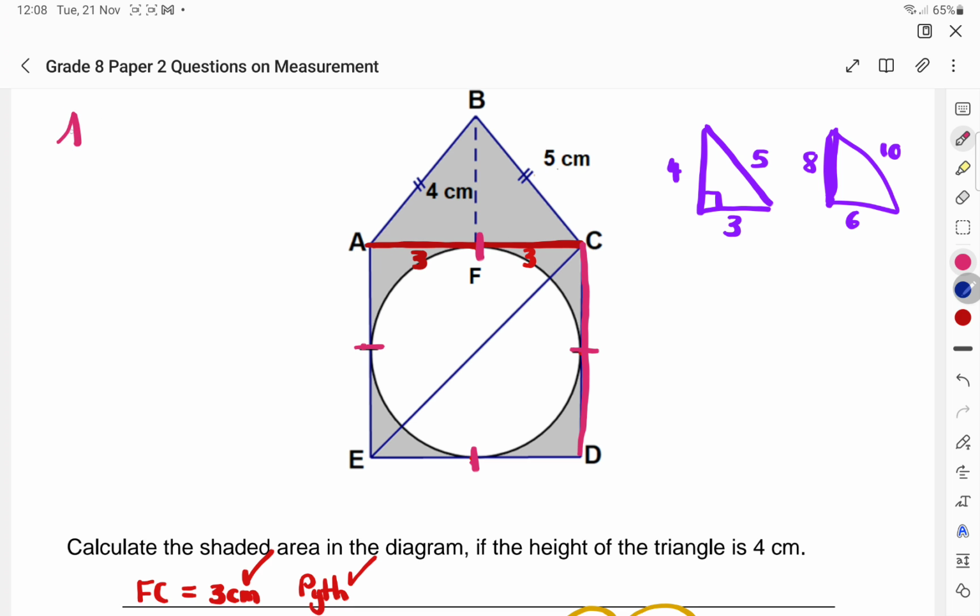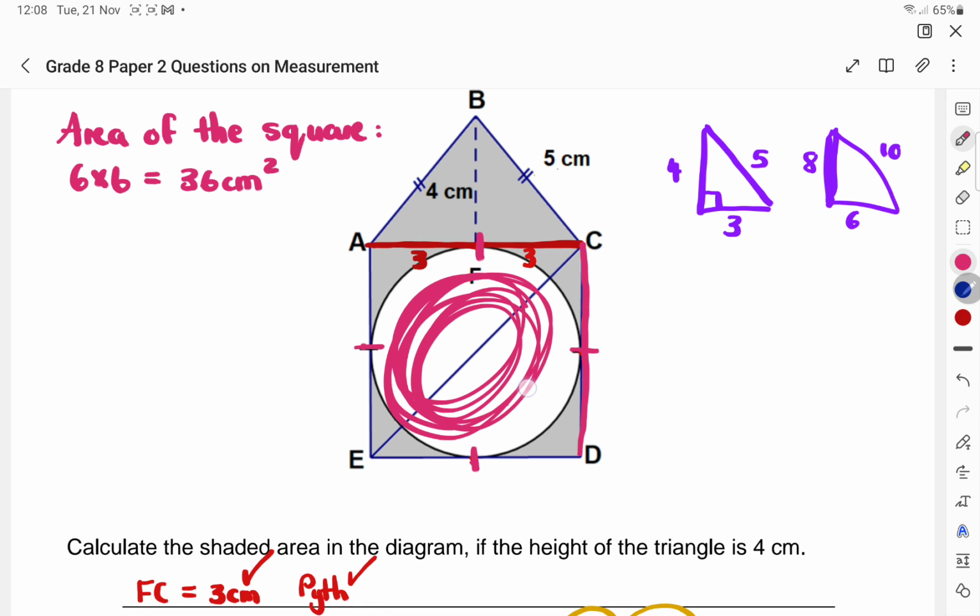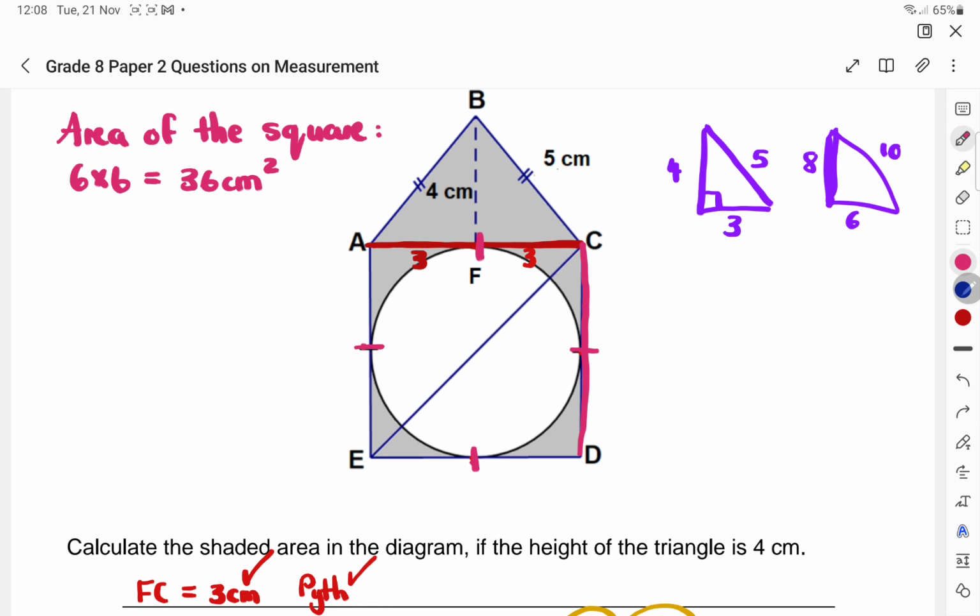So the area of the square is 6 times 6, which gives you 36 centimeters squared. And now we need to subtract this white circle over here, because that's not part of my shaded area. So from the area of the square, we need to subtract the area of the circle.